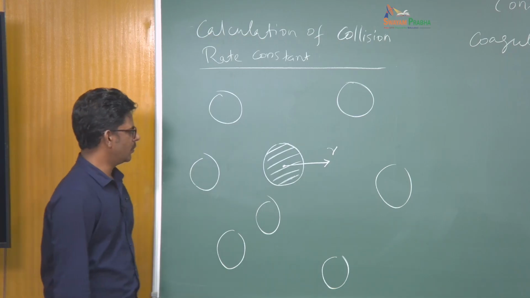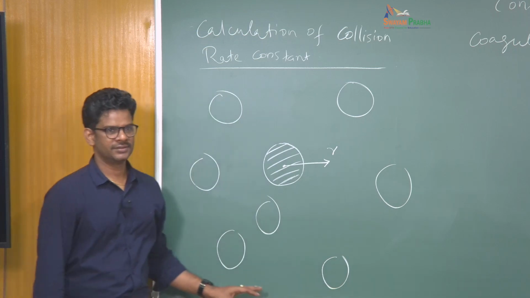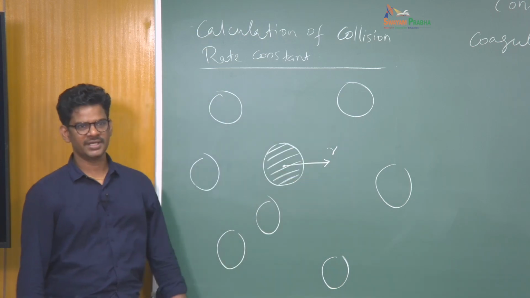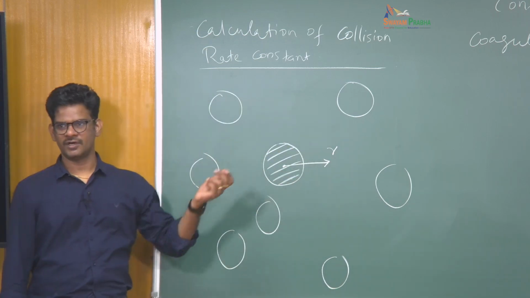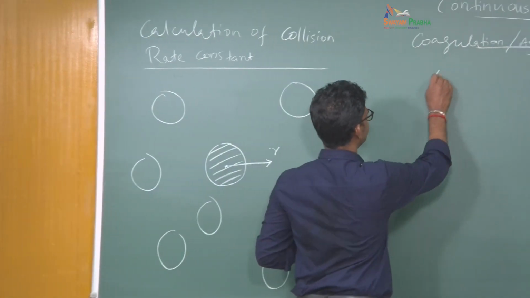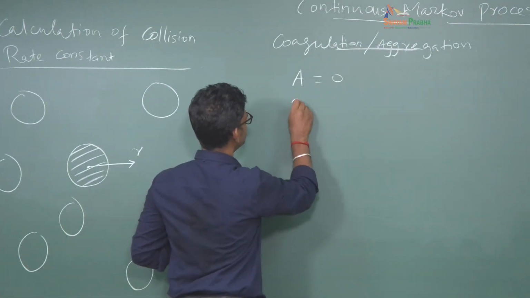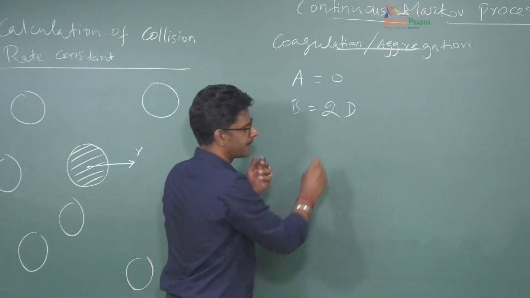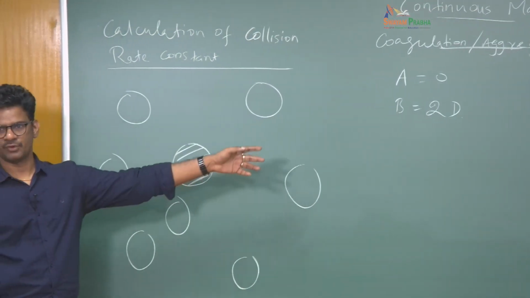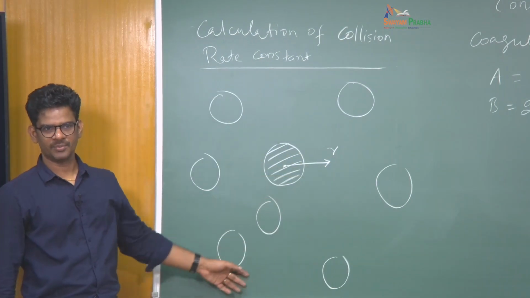Now with regard to all the other particles, their diffusion is governed by free diffusion, or the Fokker-Planck equation with the characteristic functions A equal to 0 and B equal to 2D. This is a Wiener process for the other particles.